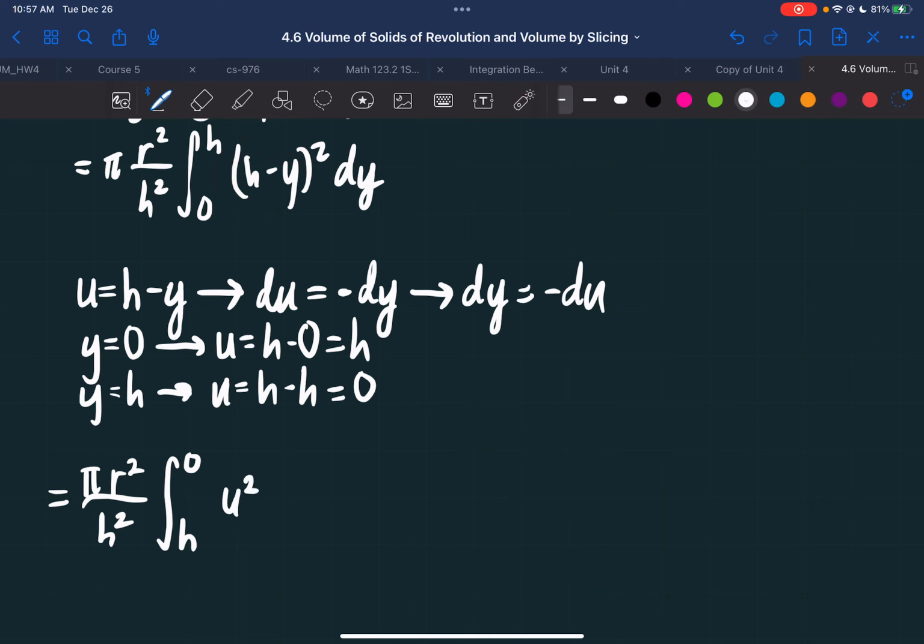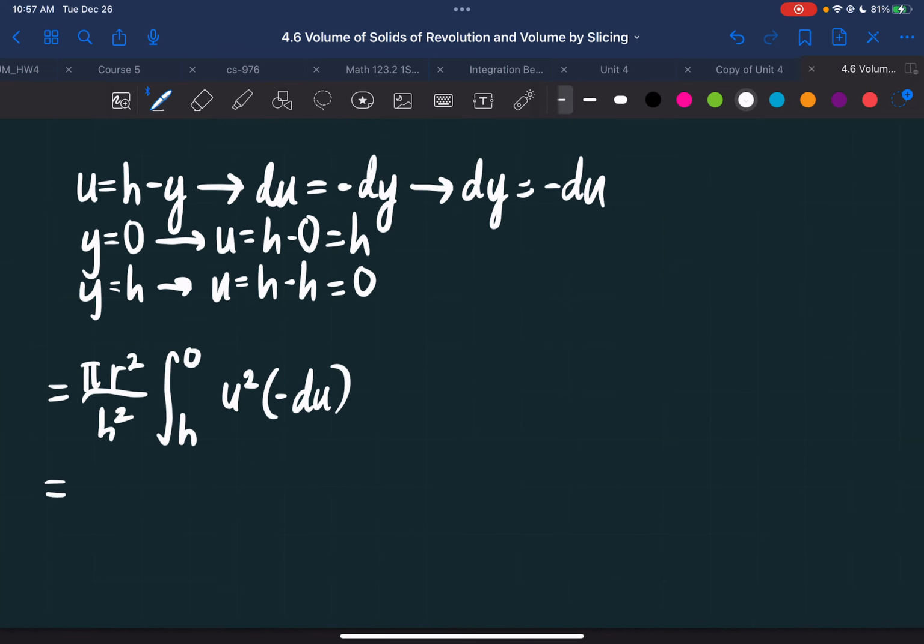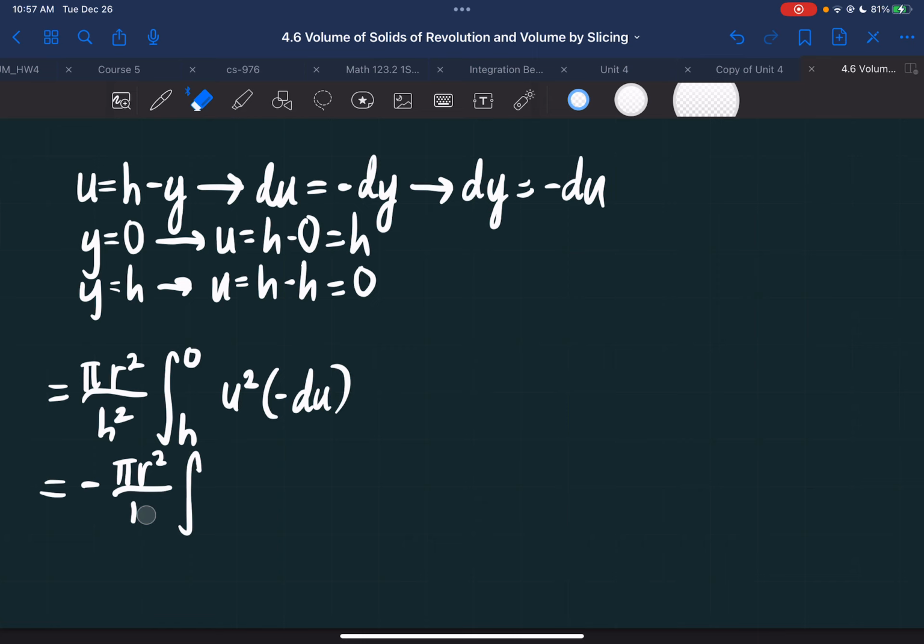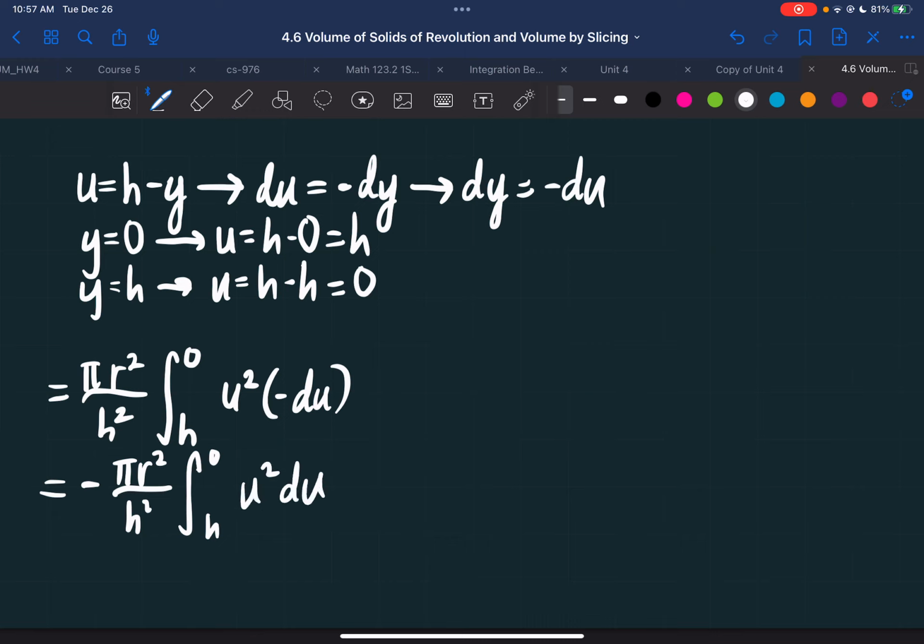So you have u squared, and your dy would actually become negative du. This one we can further work out into negative pi r squared over h squared integral from h to 0 of u squared du.